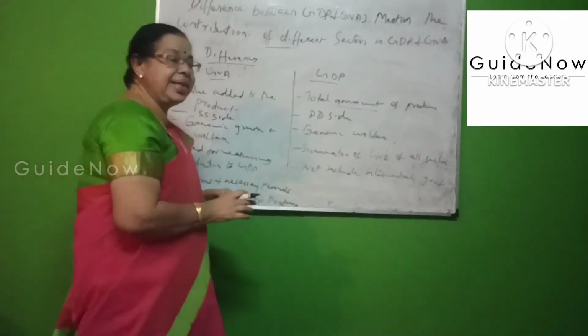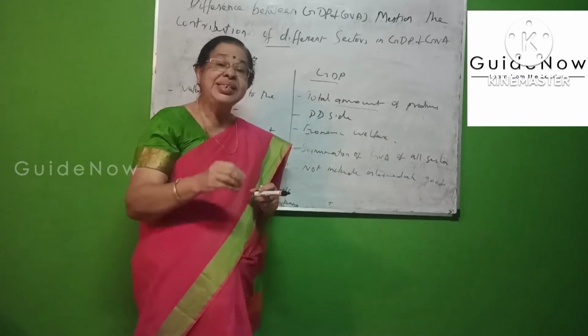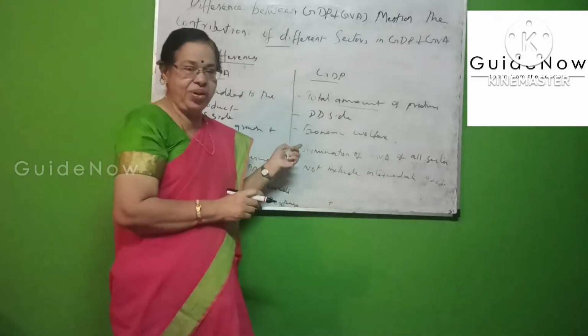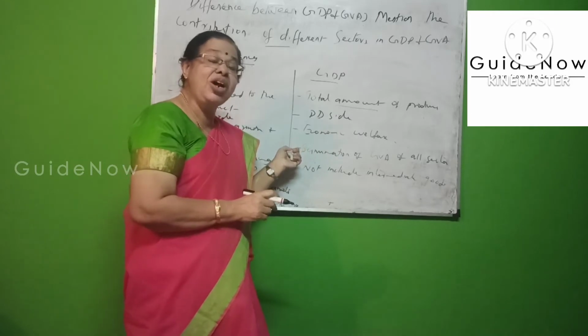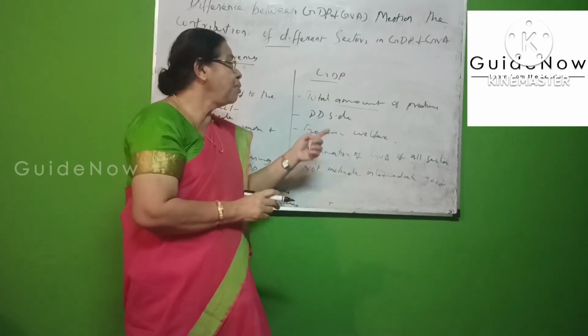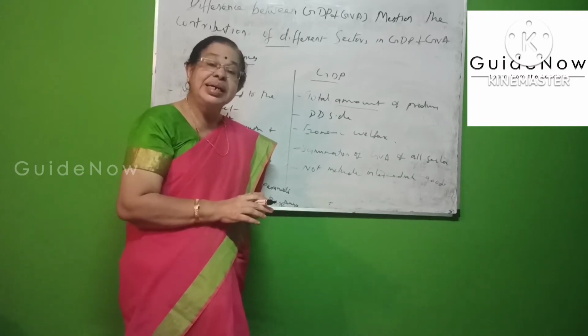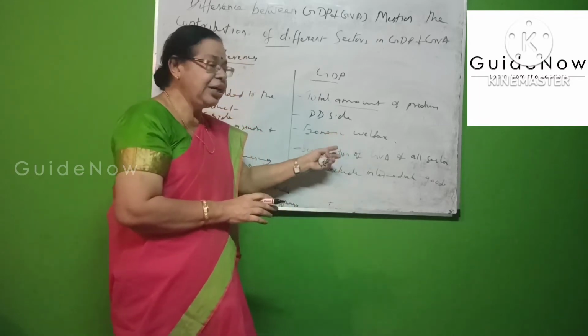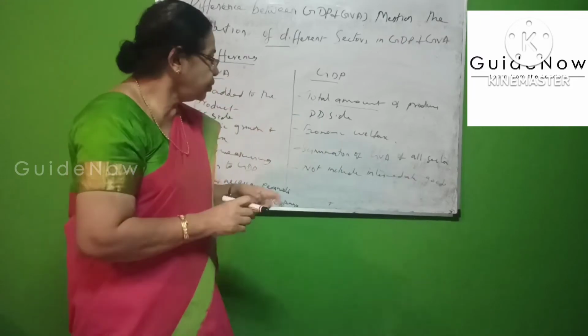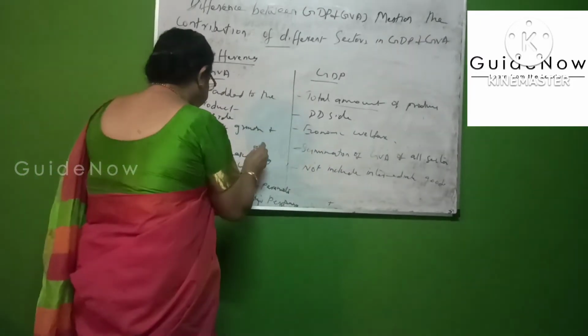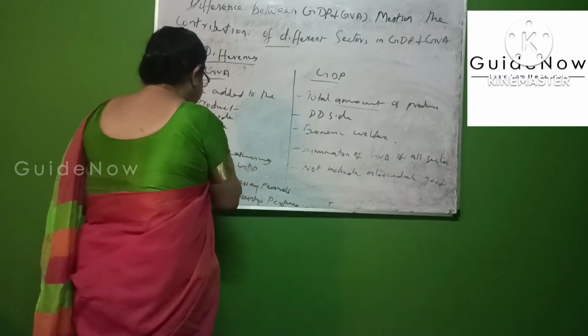And the third is that in the case of GVA, it takes into account economic growth and welfare. But in the case of GDP, it only takes into account the economic welfare.